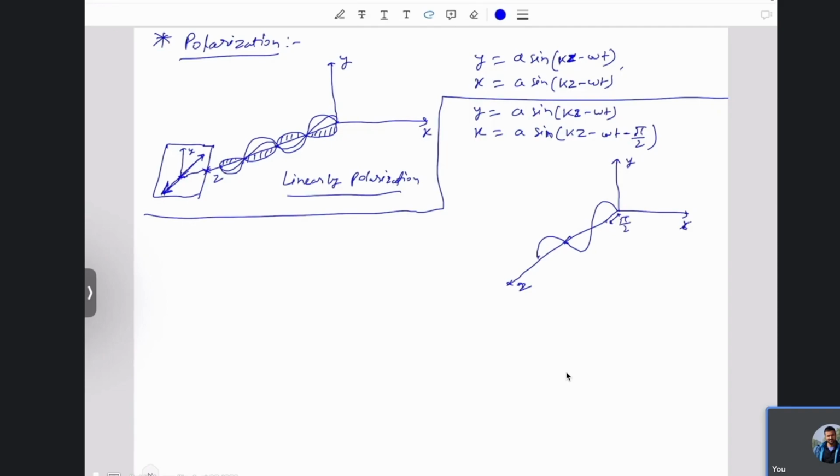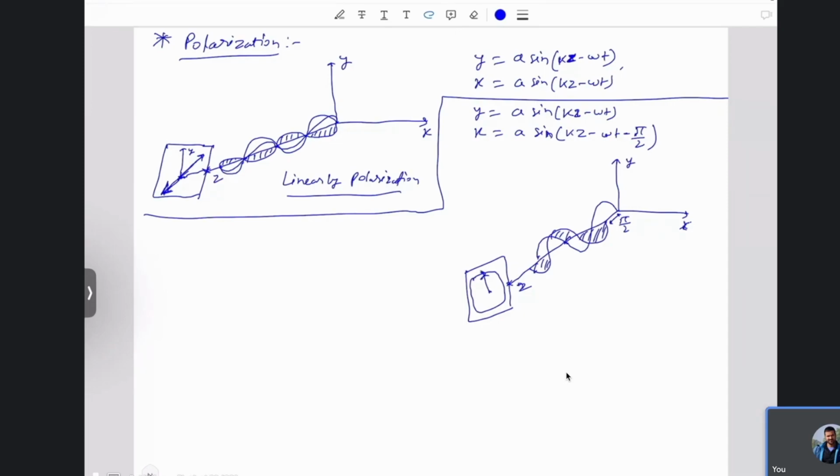It's advanced by pi by 2, so it will be like this. And if someone is looking at it from the z direction, he will see the resultant electric vector moving in a circle, okay, like this.